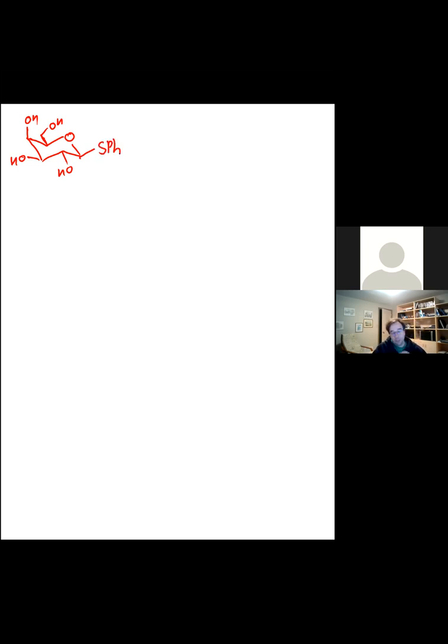Okay. So if we're thinking about that and what we've got going on here, this guy here is a primary alcohol. Everything else is secondary, so it's different. It's less sterically hindered. This is the second most reactive alcohol on the sugar, and that's because it is equatorial and it is adjacent to an axial alcohol, which is less sterically hindering on it than being adjacent to an equatorial substituent.